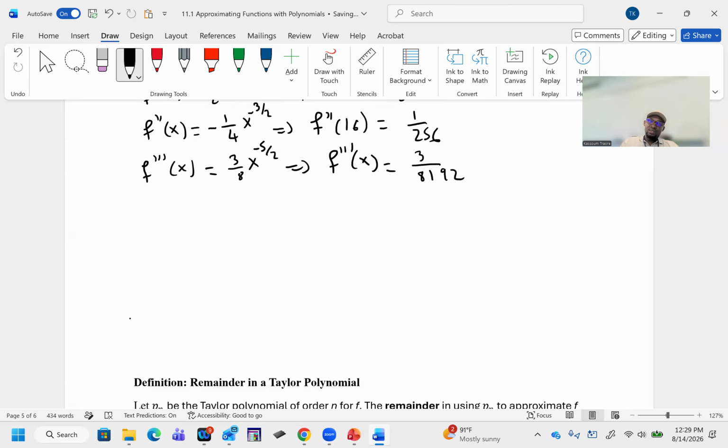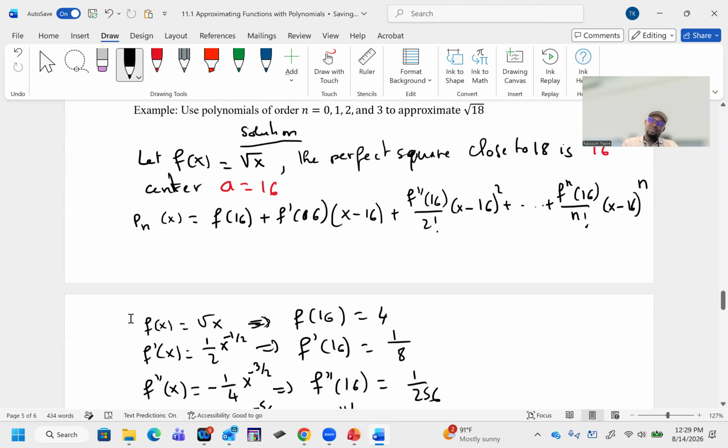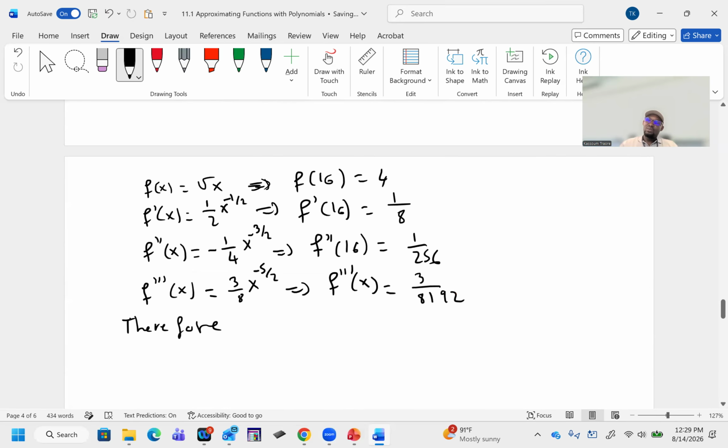So now I will let you fill out the table yourself, okay? So we will say therefore the polynomial P3, which includes P0, P1, P2, so P0 of x will be 4, P1 of x will be 4 plus 1 over 8 times x minus 16.